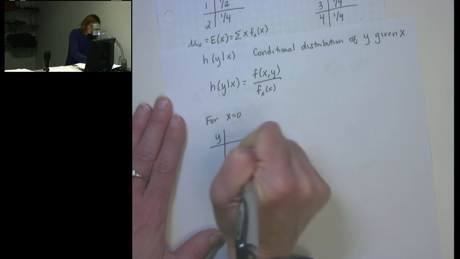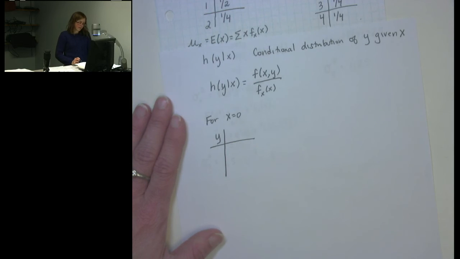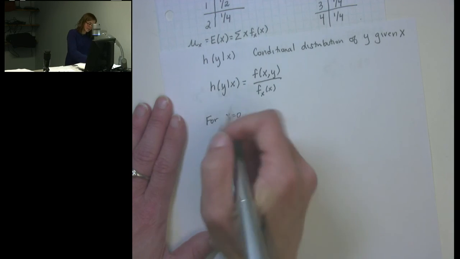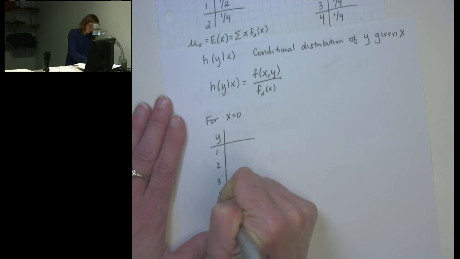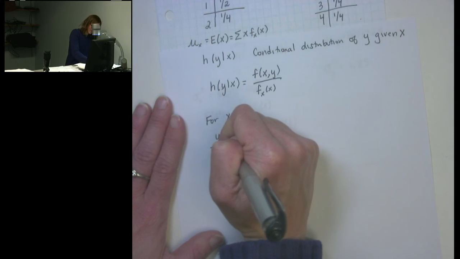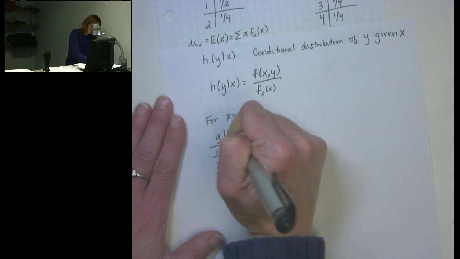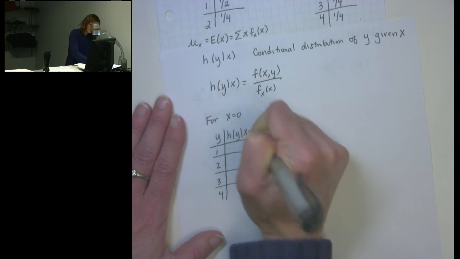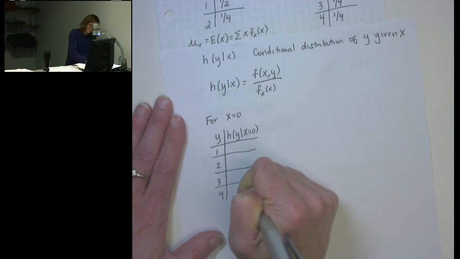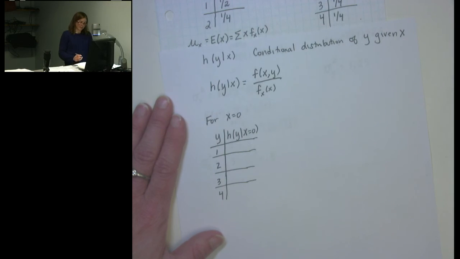We know that y, the number that comes up on the second roll, can take on the values 1, 2, 3, and 4. That's our support of y, so we're going to list them all. And we're going to find the probability that y takes on each of those values, given that x is equal to 0, and that's our h of y, given that x is equal to 0.